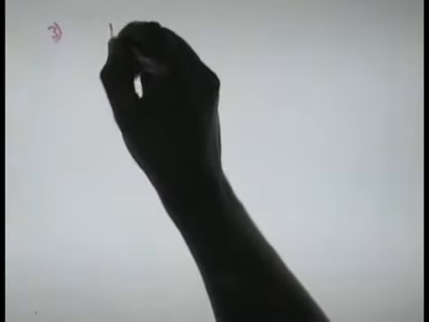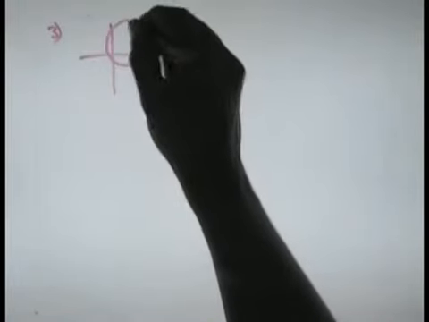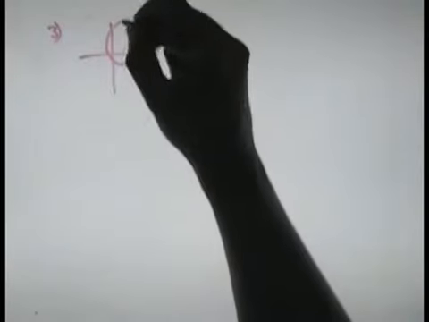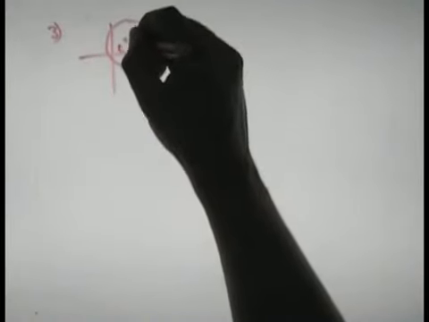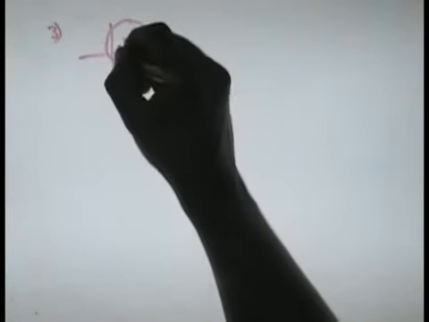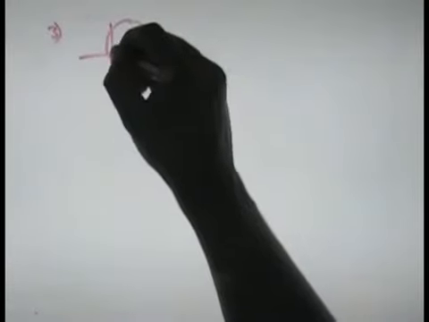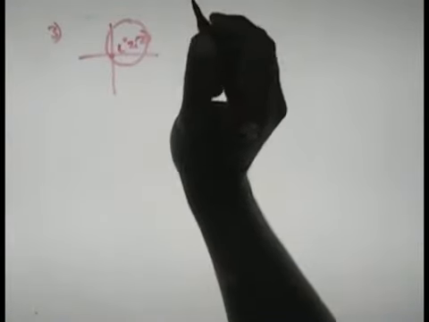Number 3, we had a circle drawn over here with the midpoint, or rather with the center of the circle being 2 and 2. We also had the circle passing through the origin.